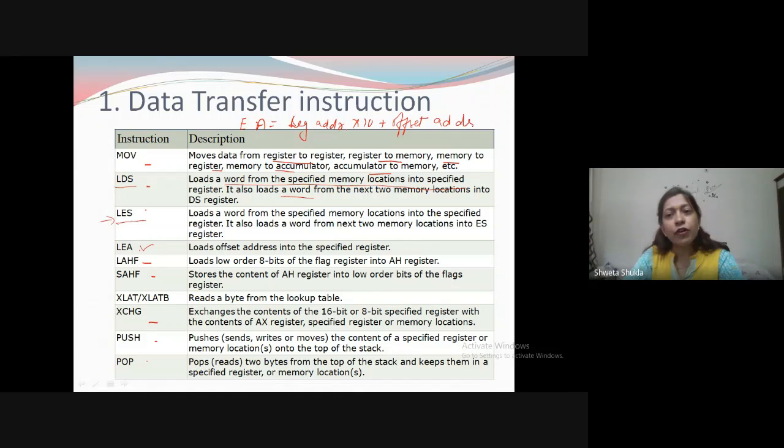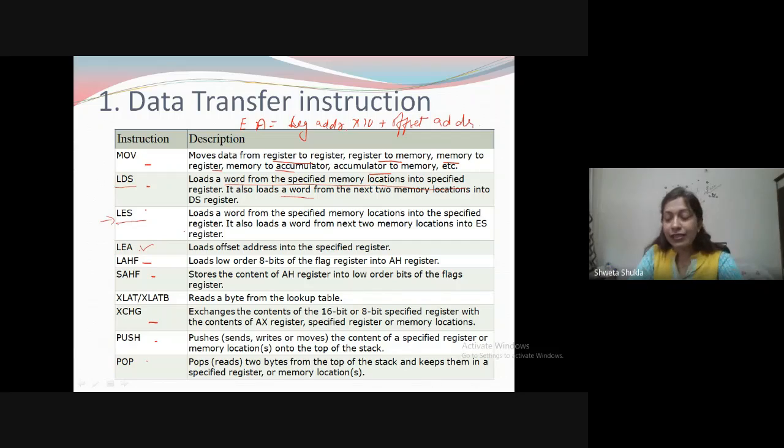So LEA means we will load the content present in that effective address into the specified register. Just like the way we have written LDS BX, similarly we will write LEA BX, and then give the specified memory location.